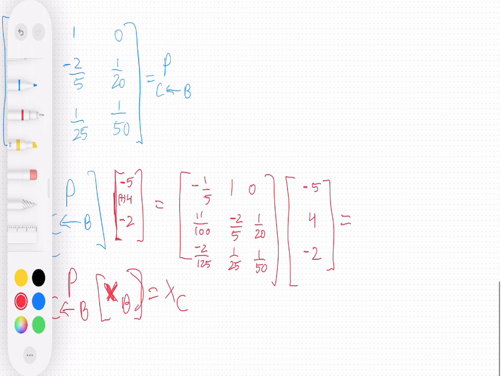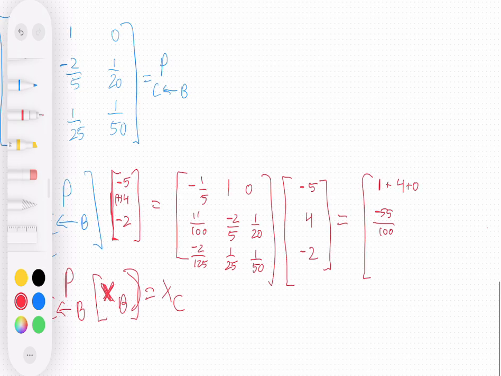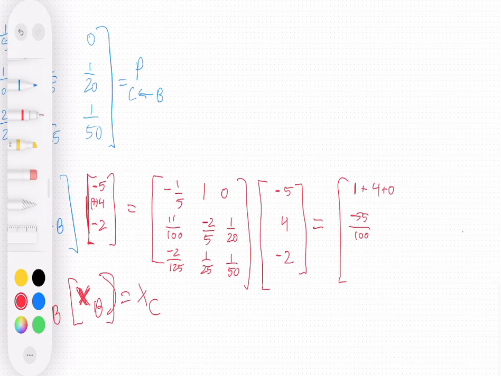So that'll be -5 over -1/5, which is going to give us 1, plus 4 times 1, which is going to give us 4, and then 0 we don't have to worry about. Then we'll do -5 times 11 over 100, which will give us -55 over 100. Then 4 times -2 over 5, which is going to give us -8 over 5.